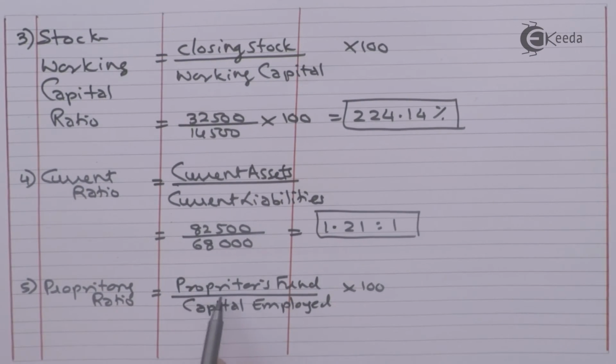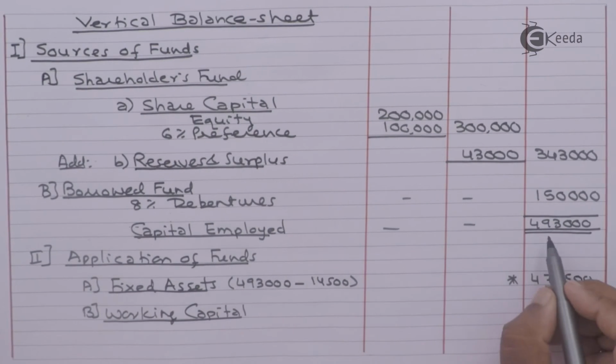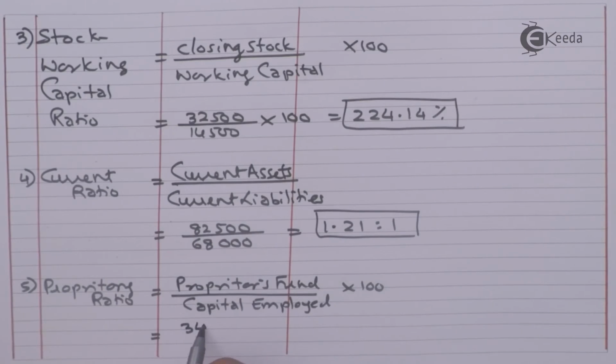Next we have proprietary ratio. Proprietary ratio, proprietors fund divided by capital employed, that is total funds multiplied by 100. Proprietors funds 3,43,000, total capital employed 4,93,000.